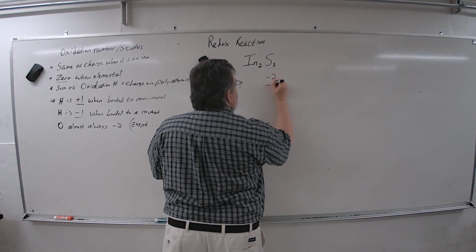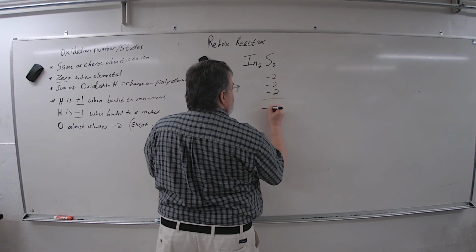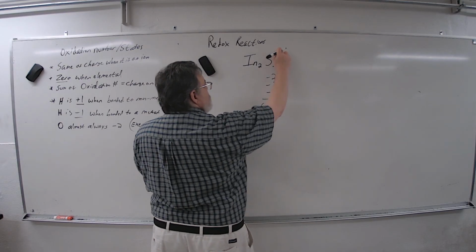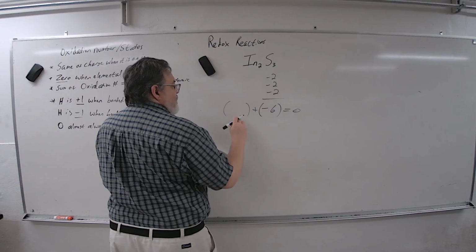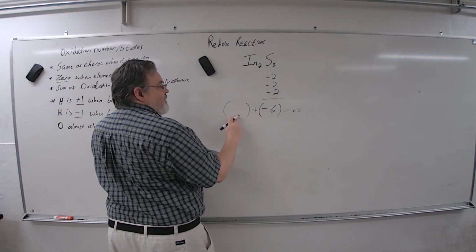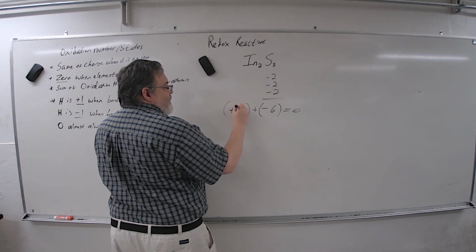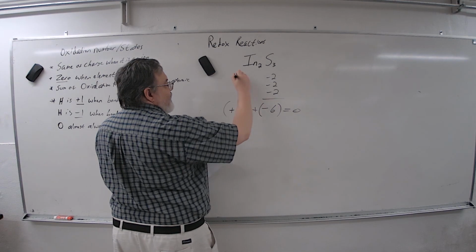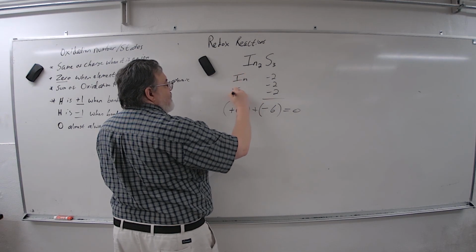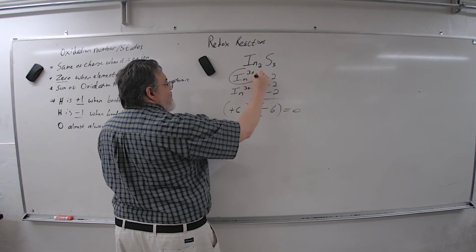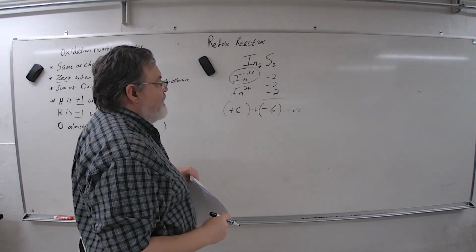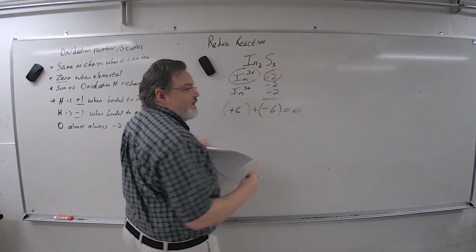So I have no charge up here, so I'm going to say equals 0. What do I need here? You need +6 to make this equal 0. You've got 2 indiums, so it's 3 plus and 3 plus. So indium oxidation state is 3 plus, sulfur is 2 minus.